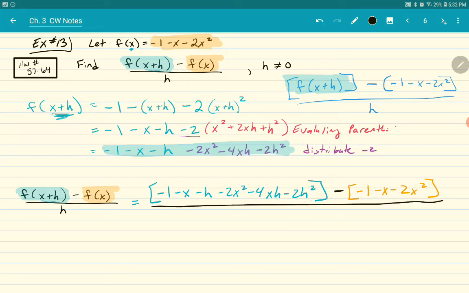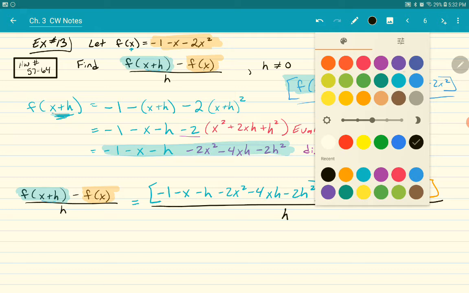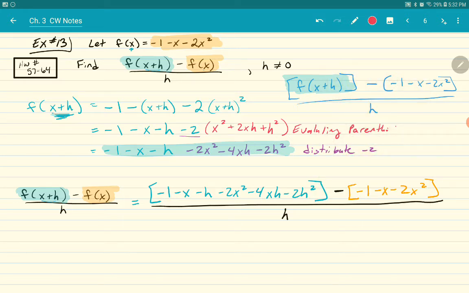over the h. So I need to simplify that numerator to see what I can cancel with an h. I'm going to go with red. I want to combine like terms, but before I can do that, I need to distribute this negative to get rid of all the brackets.